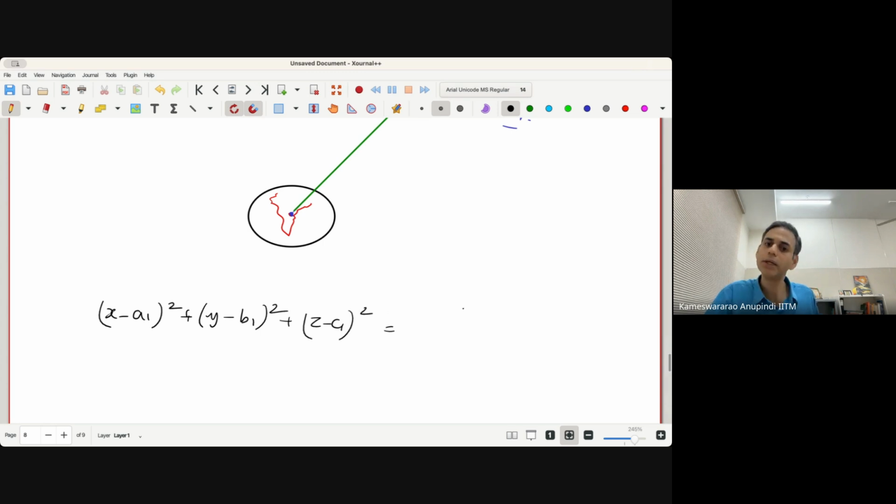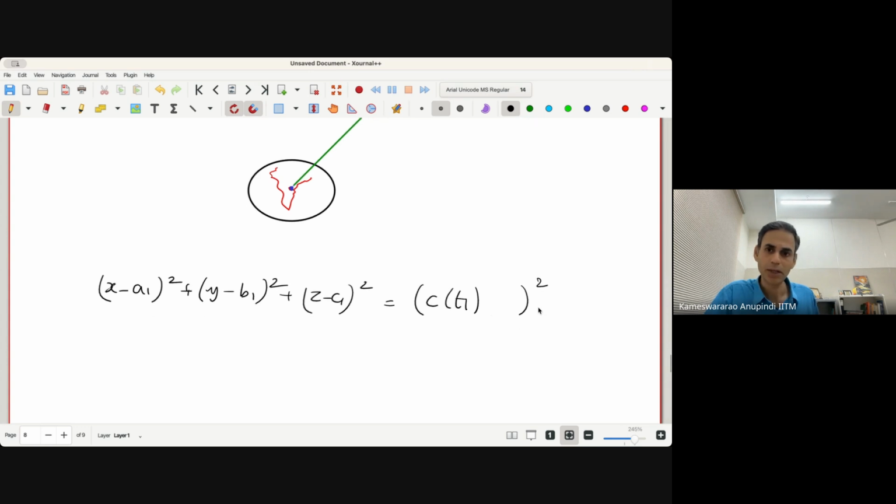So this is going to be the radius squared, because the satellite is going around. Then the distance squared is c times t1 squared. So c times t1 squared is that distance, and the distance squared is going to be this value.